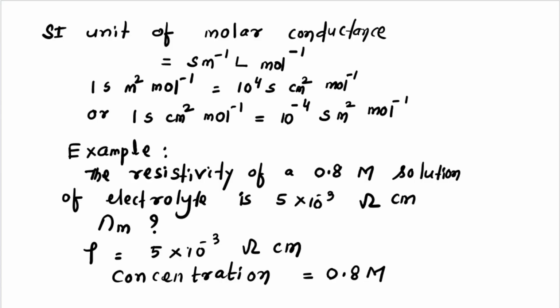The SI unit is Siemens m minus 1 L mole minus 1. Here 1 S m square mole minus 1 is equal to 10 to the power 4 S cm square mole inverse.